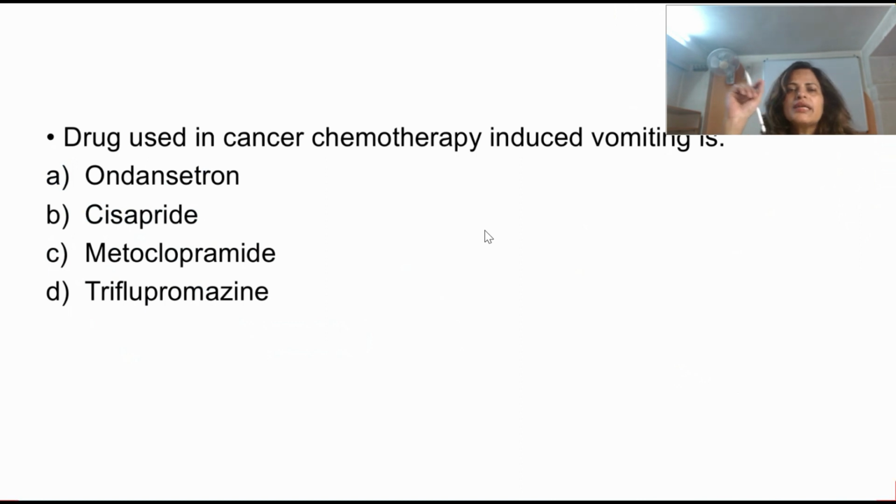Even directly it is going to stimulate the CTZ center and the vomiting center itself. So we are going to give the 5-HT3 antagonist, which is ondansetron. Cisapride is a prokinetic drug. Metoclopramide is a D2 receptor antagonist, and triflupromazine is also a D2 receptor antagonist.